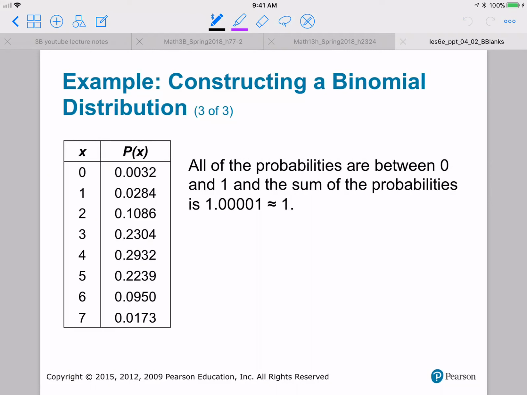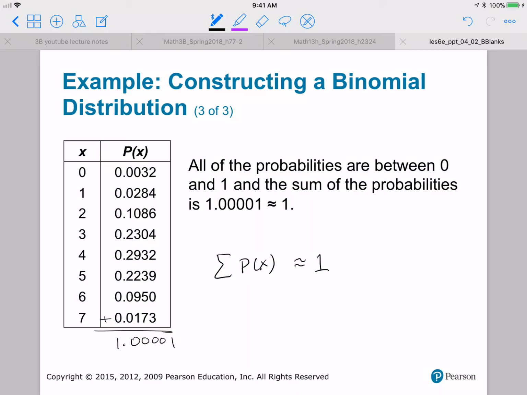Notice that all of the probabilities are between 0 and 1, right, which is what we expected. That's what we talked about in section 4.1. All of the probabilities are between 0 and 1. And if we add up the probabilities, it is close to 1, right? So if you add these up, I think you get 1.000001. The reason why it is close to 1 and not exactly 1 is because of rounding, right?